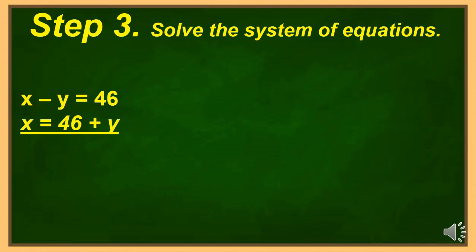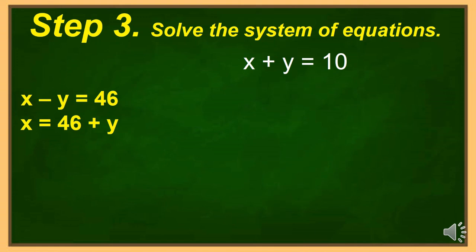We will extract our new modified equation in terms of x. So we have x equals 46 plus y. We will substitute the value of x now into our first equation. And our first equation is x plus y equals 10.